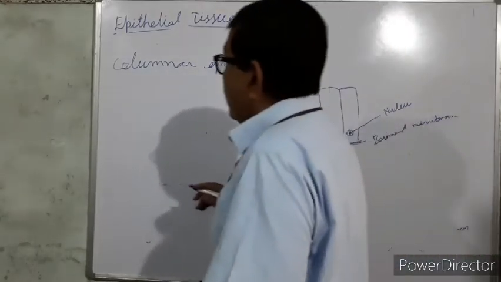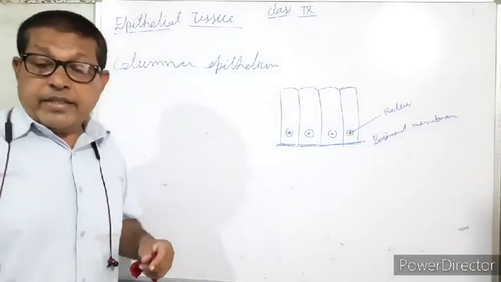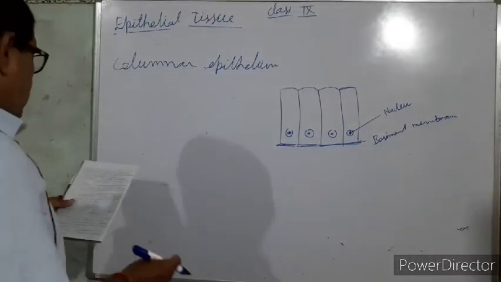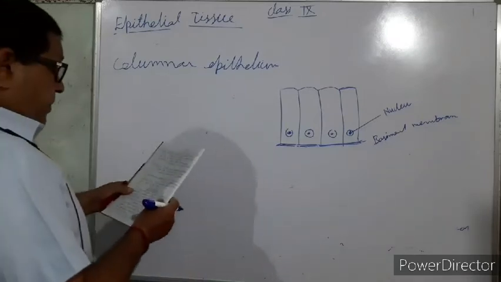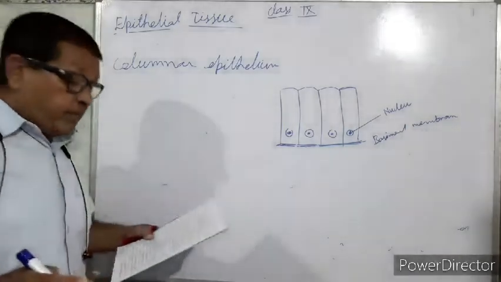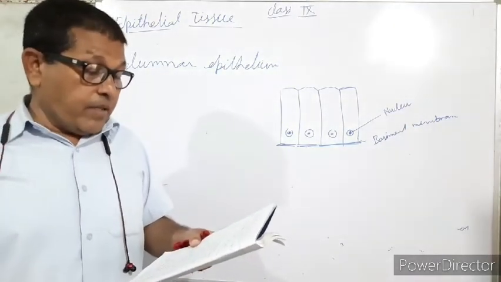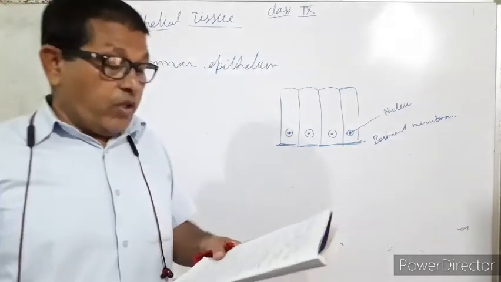So the cells of columnar epithelium are pillar-like, with the nuclei toward the basal part.